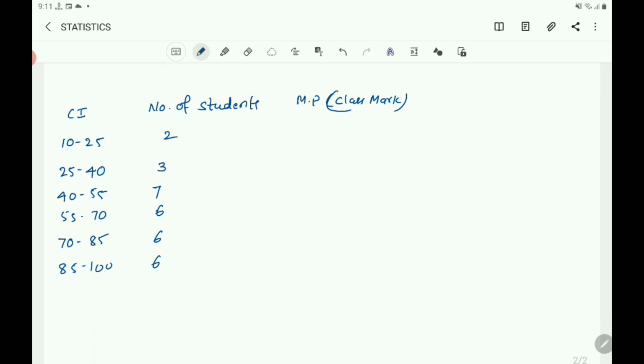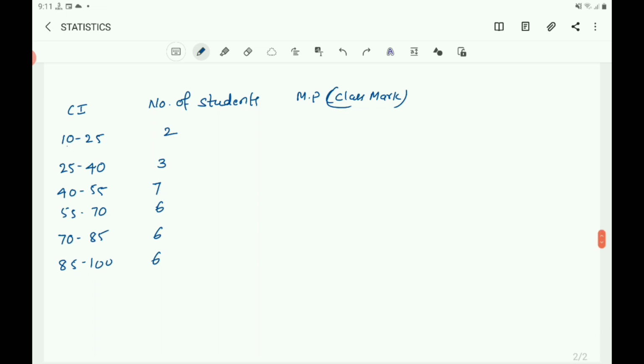Here 10 plus 25 divided by 2, 25 plus 40 divided by 2, 40 plus 55 divided by 2, 55 plus 70 divided by 2, 70 plus 85 divided by 2, 85 plus 100 divided by 2. These class marks are considered as xi, class mark or midpoint.